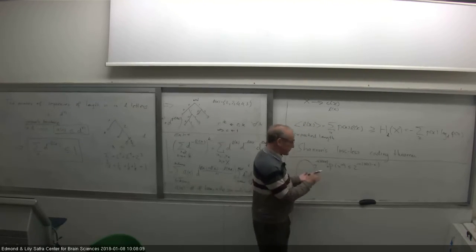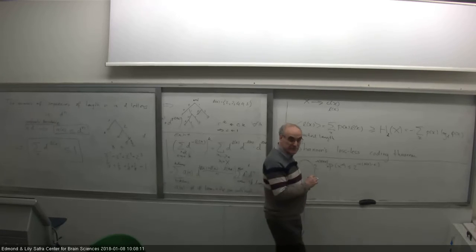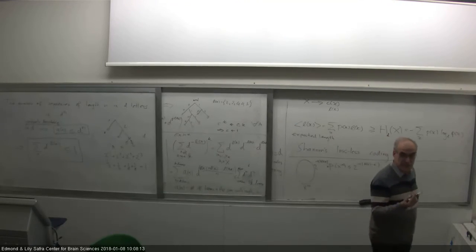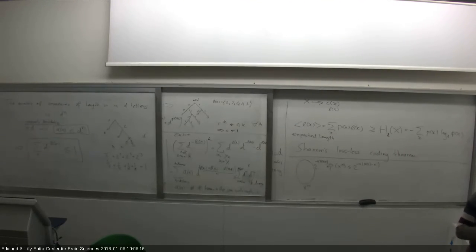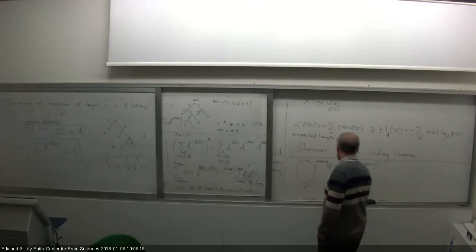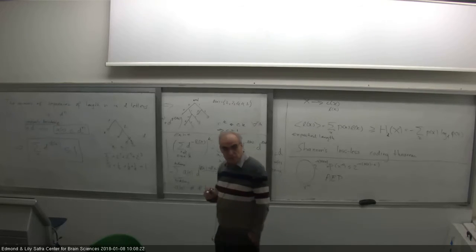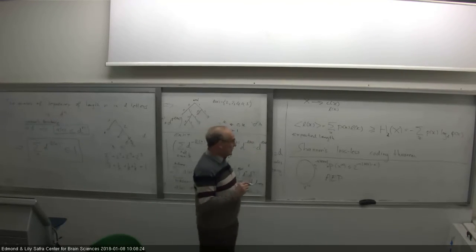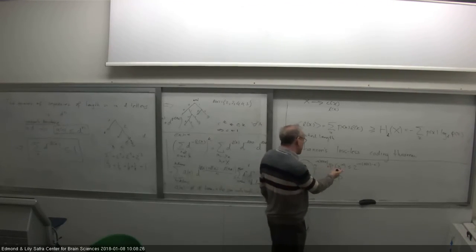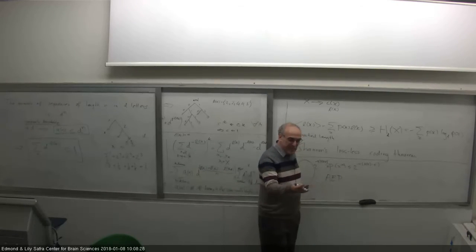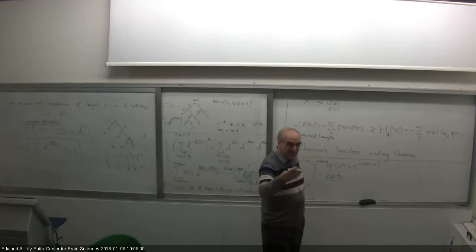So we showed this already for typical sequences. Remember this? This was essentially the asymptotic equipartition property. So from the AEP, we know that most sequences are typical: for any epsilon, I can find an n large enough such that with probability 1 minus epsilon the sequence is typical.